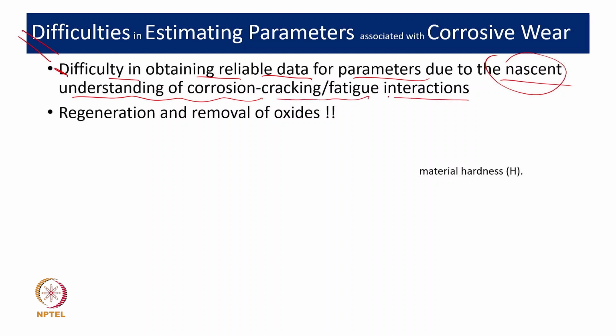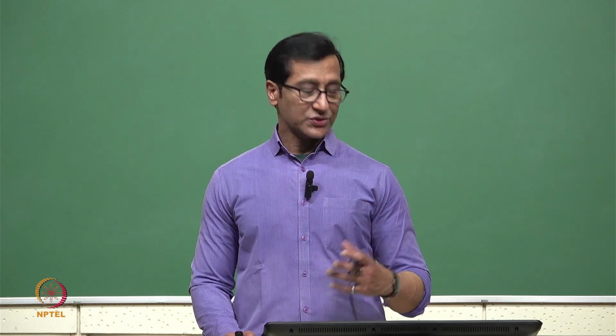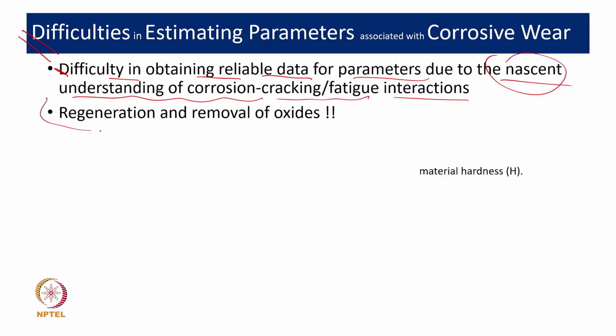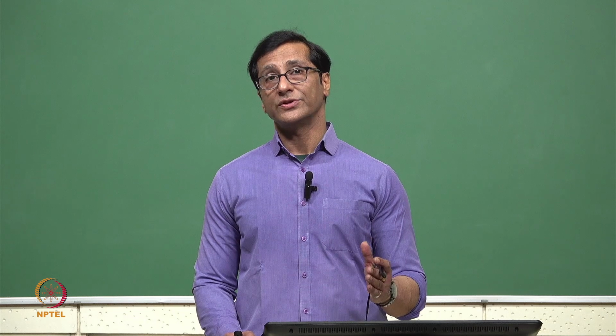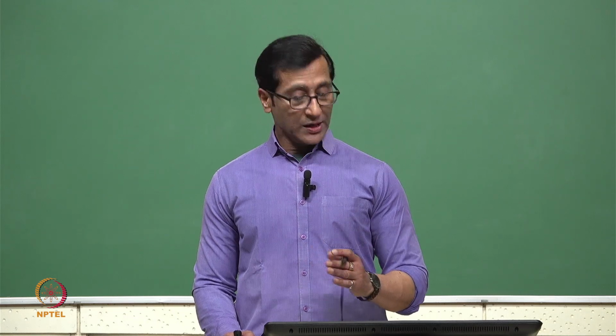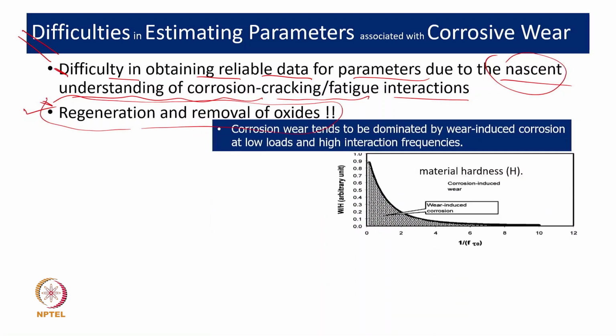It's a relatively new topic, and whatever the labs have done remains in that lab, or is not getting generalized. One of the major issues is the regeneration and removal of oxide. This is a dynamic phenomenon. There is regeneration of the oxide layer and removal of the oxide layer also, and this is a continuous phenomenon, and that's where we are not able to model everything properly.